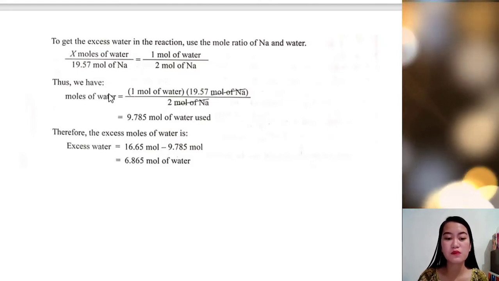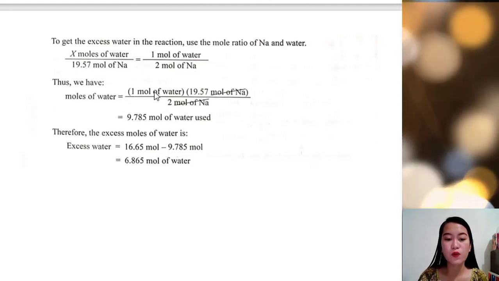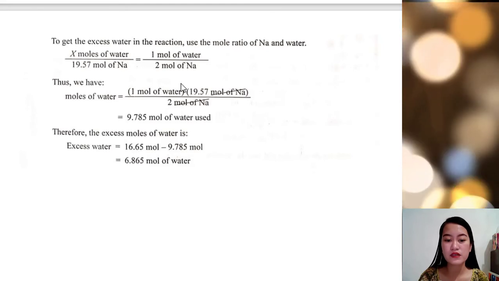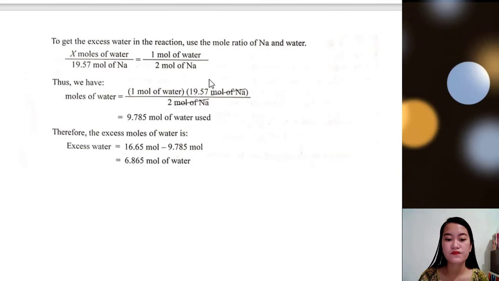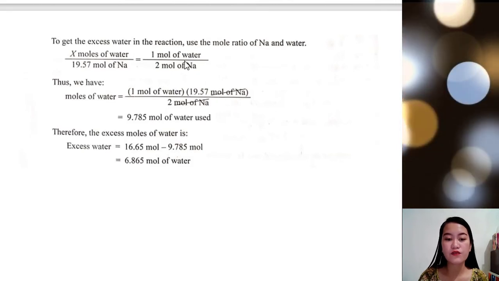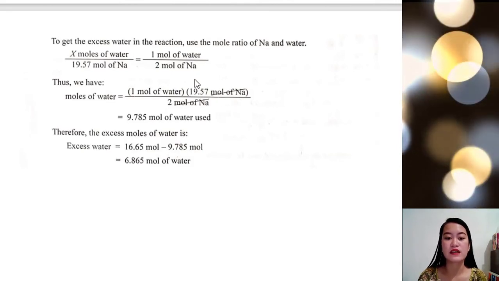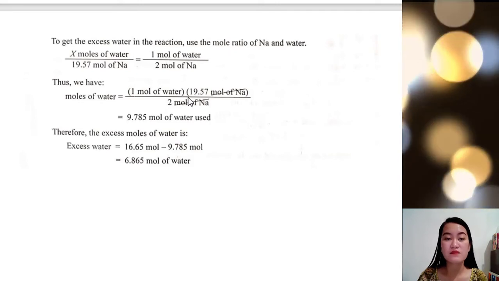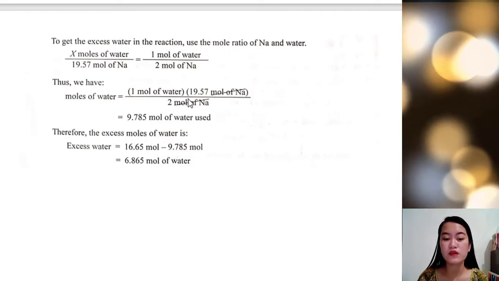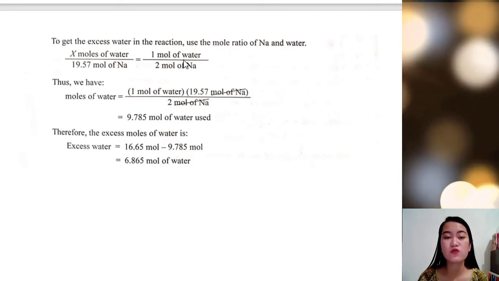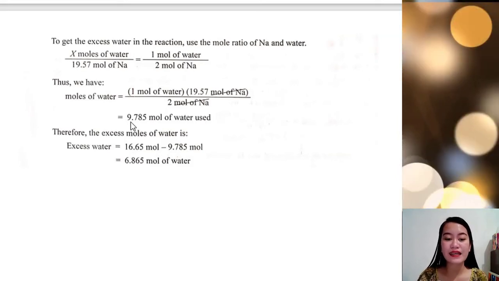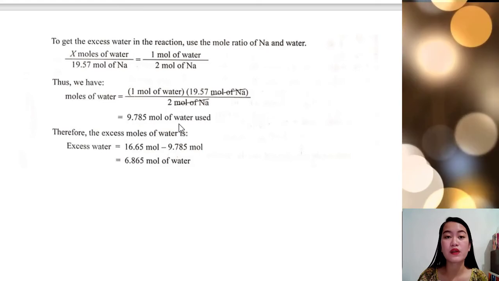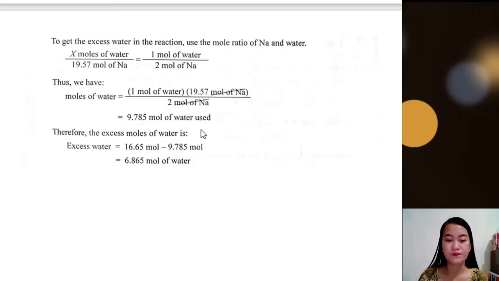So thus we have moles of water. So 1 mole of water times 19.57 mole of Na over 2 mole of Na. So 1 times 19.57 mole of Na divided by 2 mole of Na, the answer is 9.785 mole of water used.